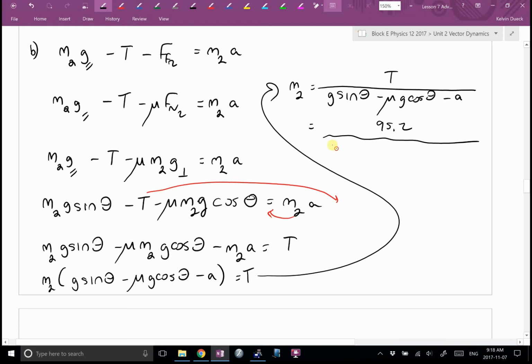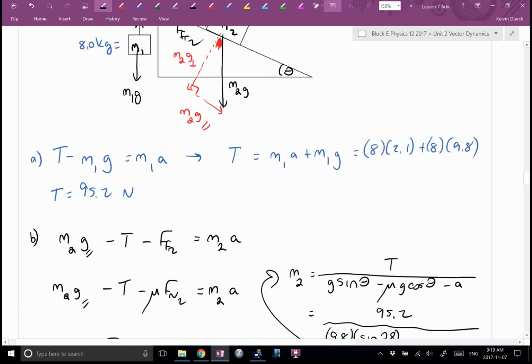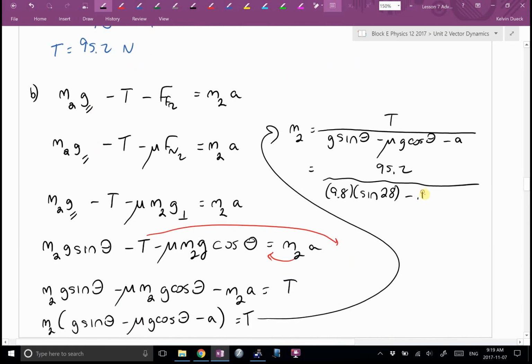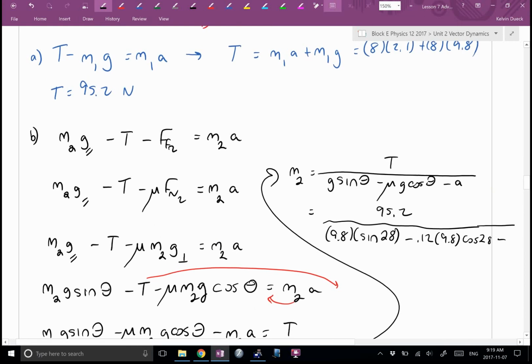G, 9.8. What's theta? 28. Minus, hey, what's mu? I don't know. What's mu with you? Mu was 0.12 times 9.8 cos 28 minus 2.1.